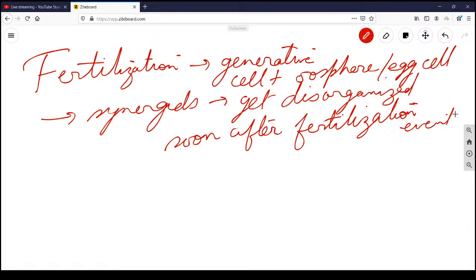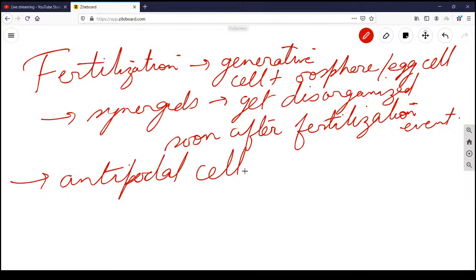Now when they have got disorganized, this is followed by the disorganization of the antipodal cells. The antipodal cells also get disorganized. What it means is their function could be nutritive.